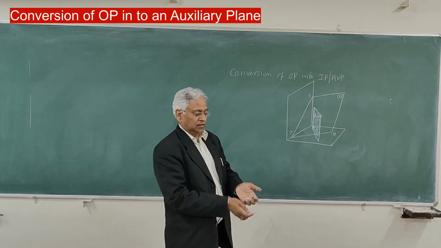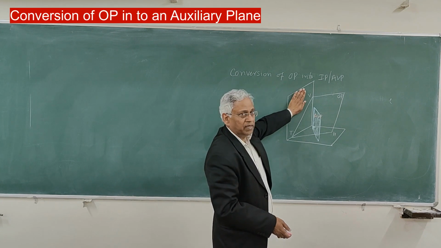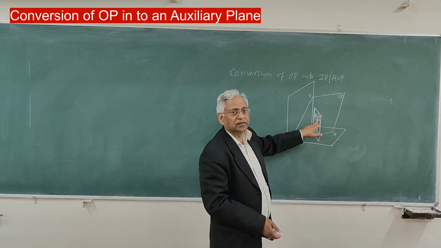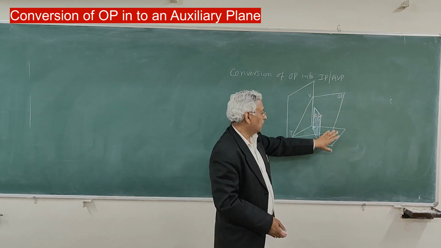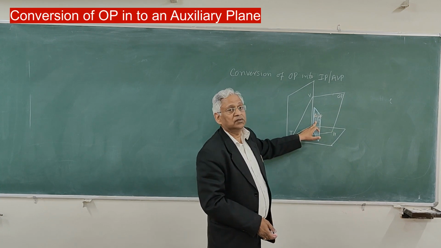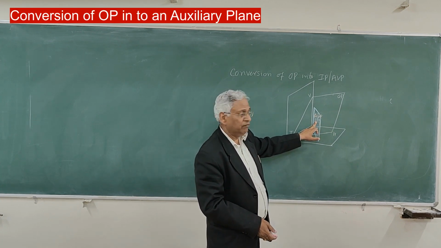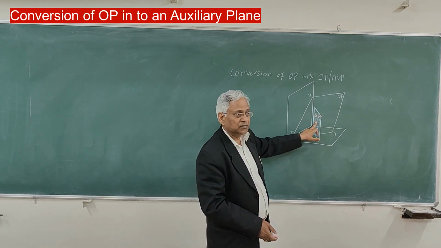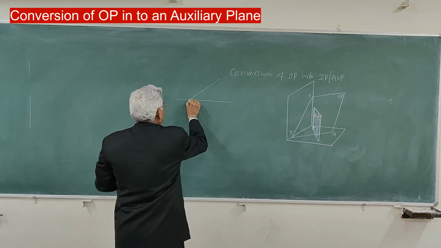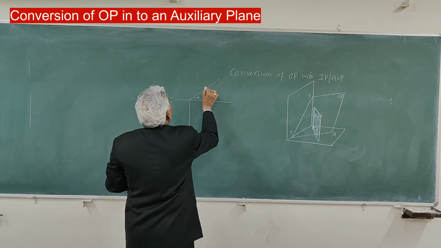Now forget about this vertical plane, you consider this horizontal plane and this auxiliary vertical plane. This oblique plane is now inclined to horizontal plane and perpendicular to this ABP, because we have taken ABP perpendicular to oblique plane. And you remember a plane which is like this at angle alpha.